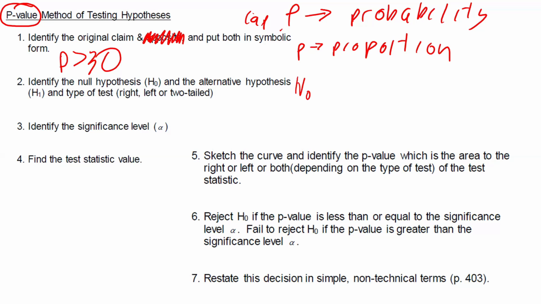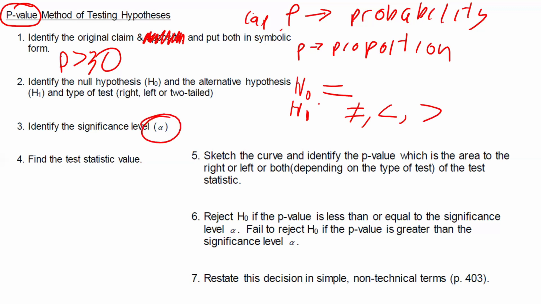A null hypothesis, guys, is always a claim that a parameter equals something. Does everyone remember this? I mentioned this many times on Wednesday. And then the alternative hypothesis, which sometimes you see as H1, sometimes as HA, is typically what you actually believe. It's typically going to be the same as the original claim. It's always going to involve not equal to, less than, or greater than.